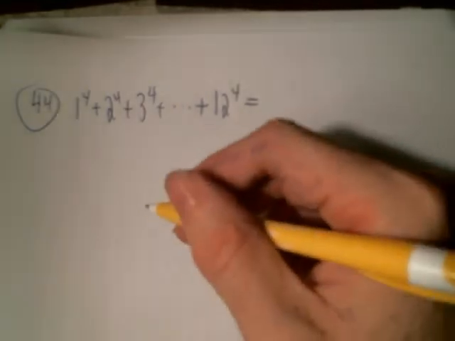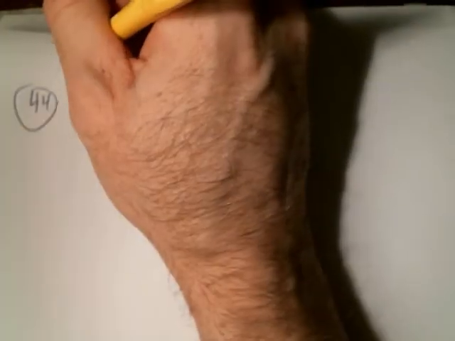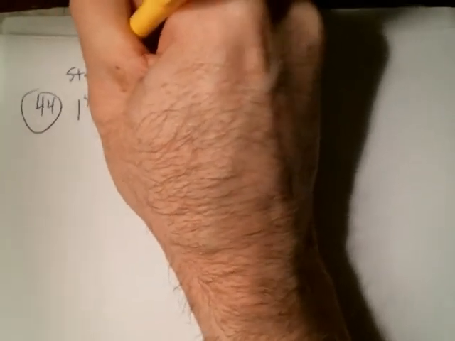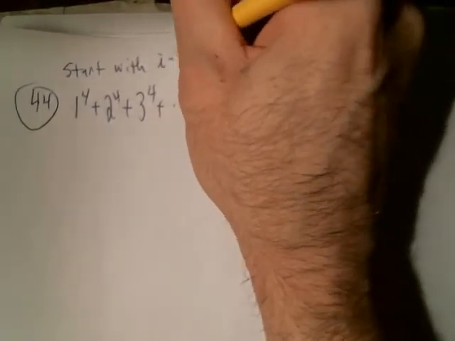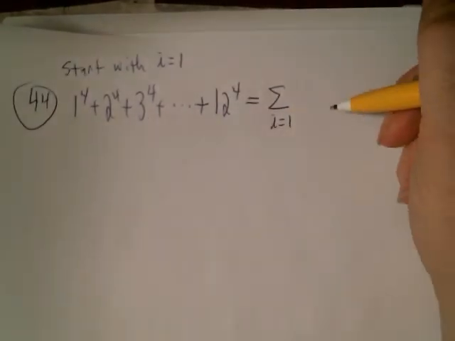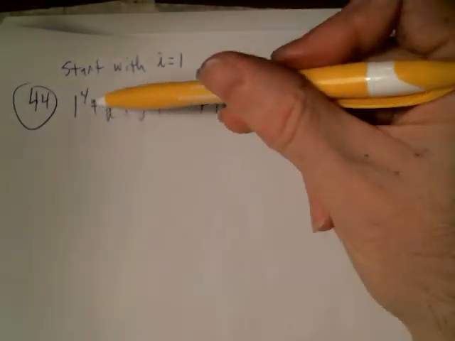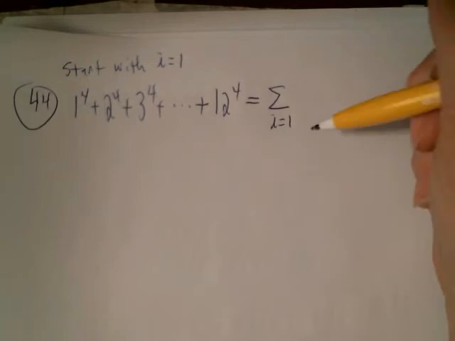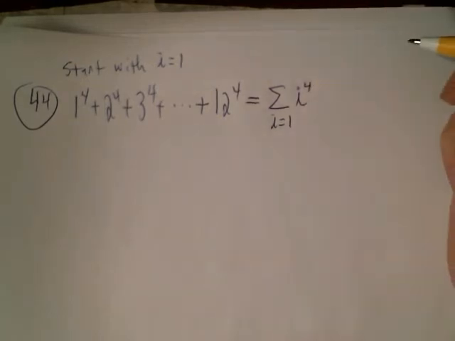So it's non-unique unless they tell you where to start. So in particular, the book will help you and say start with your lower limit being I equal 1. Okay? So in your summation formula, you'll have I equals 1, and then go all the way up to whatever. So the formula, it looks like it's just going to be I, and then they're raising it to the 4th power every time.